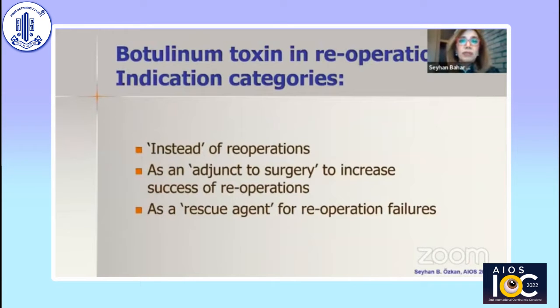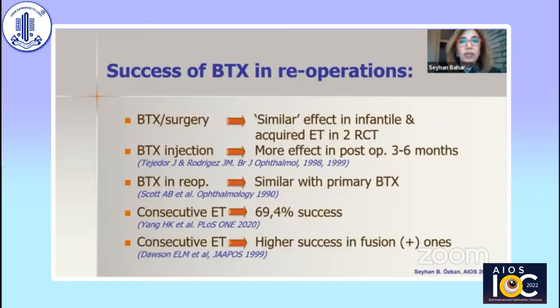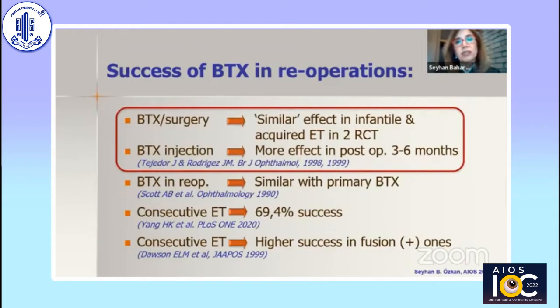So when we look at the indication categories, when we look at the previous literature reports, there are two randomized controlled studies in infantile and acquired esotropia, and the authors compared surgery and botulinum toxin in reoperations, and they found that the effect was similar.